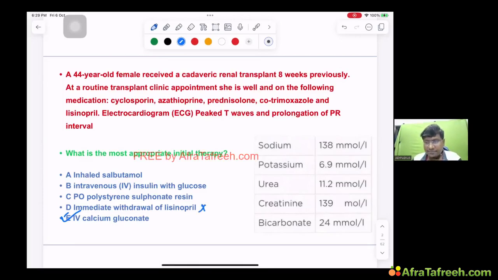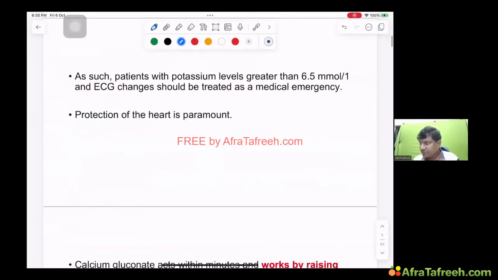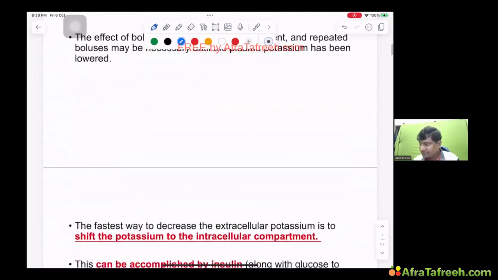Stop or withdraw the lisinopril. But the first thing, as the patient is there with you now with a potassium of 6.9, is IV calcium gluconate. Is that clear, Jacob? And subsequently, you should advise the patient not to take lisinopril, because that will also cause hyperkalemia.